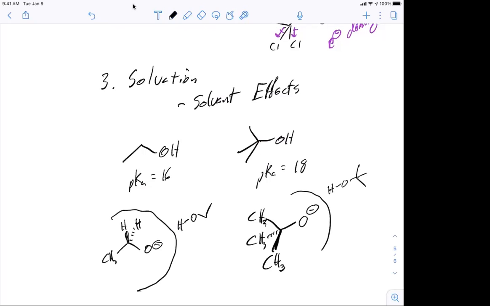So big bulky groups decrease the solvation stabilization of that counterion, and that's going to make it less stable, right? So a larger pKa, less acidic, right?